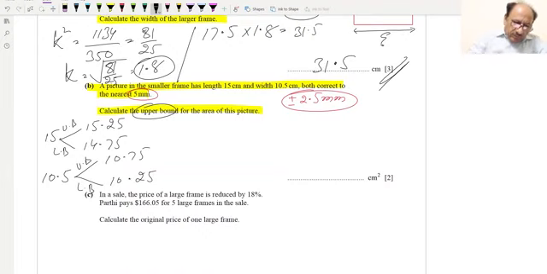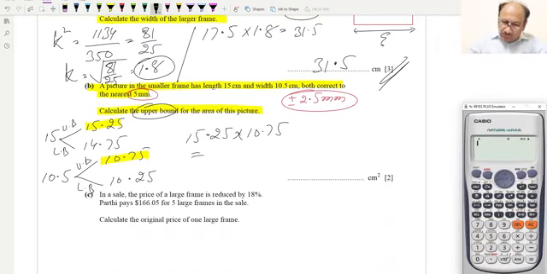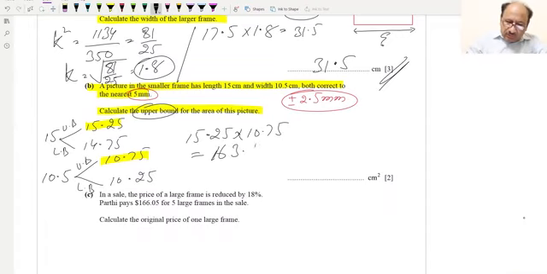So we will be multiplying the upper bounds: 15.25 multiplied by 10.75, and this will result in 163.93. We can write the answer over here.